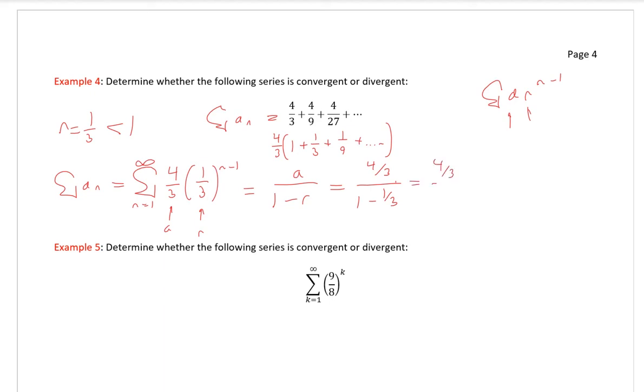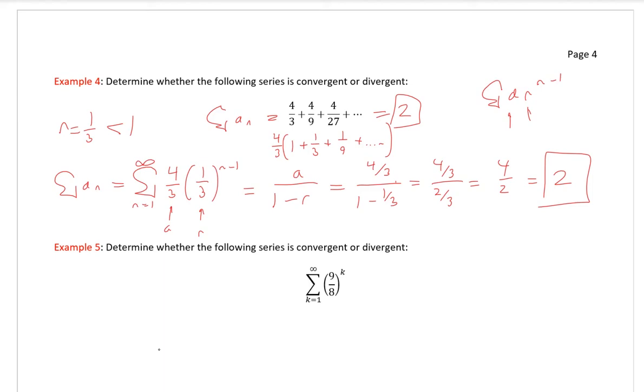So you get 4/3 over 2/3, or 4 over 2, or 2. So I have that this series, 4/3 plus 4/9 plus 4/27, etc., sums to a total of 2. And that's what it takes.